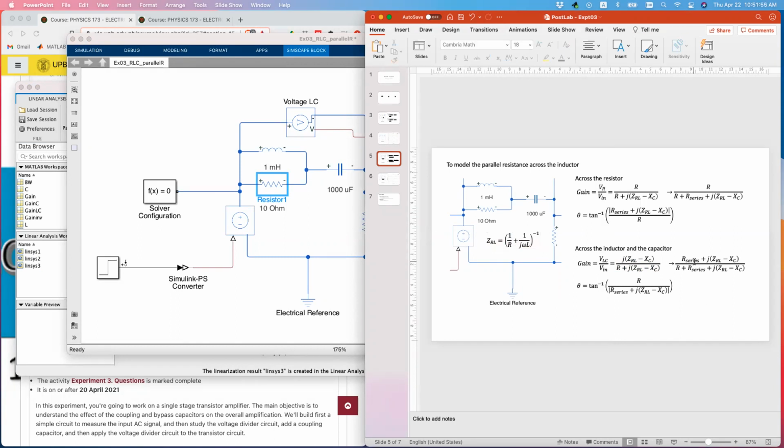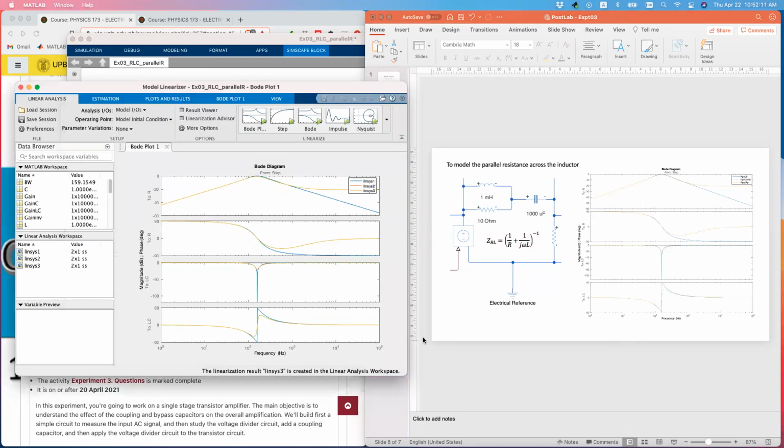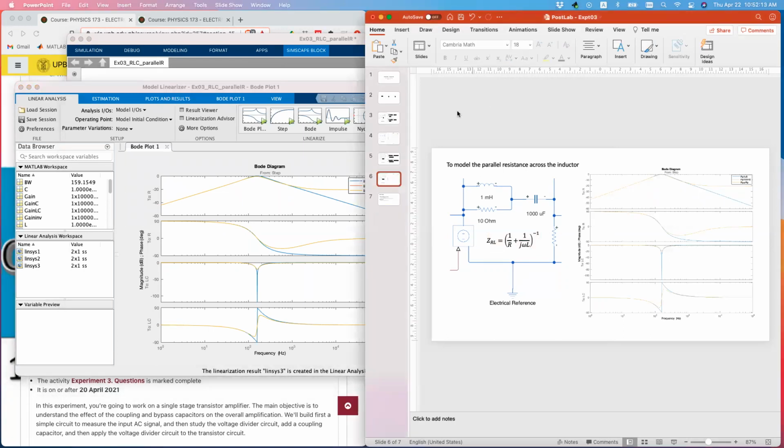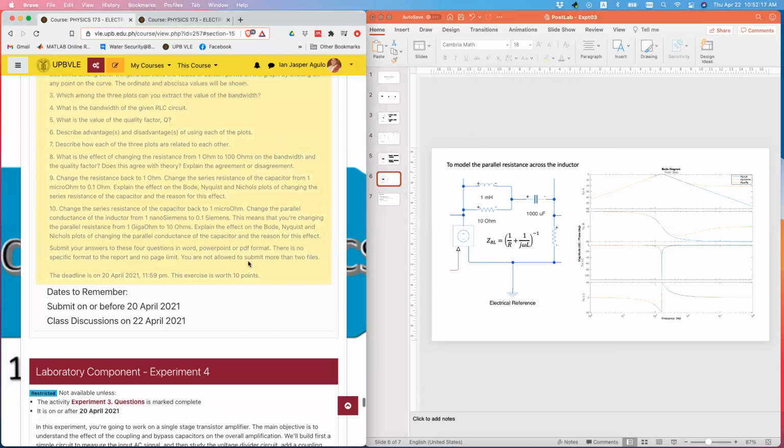Tapos, oops, hindi ko ata na-correct dito. So, i-correct ko rin yung mga yan. Okay. So anyway, when I send the corrections, pwede nyo i-work out dun sa script kung gusto niyo. Okay, so and then ito yung result na nakita rin natin dito. Okay? So, yun yung inyong experiment 3.